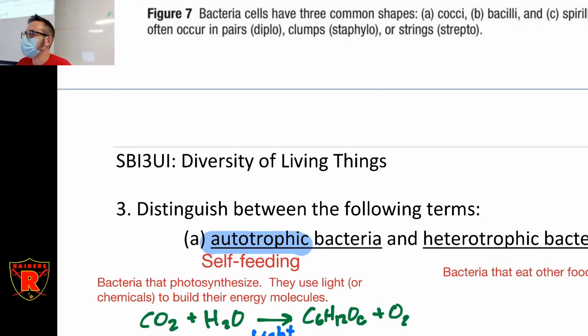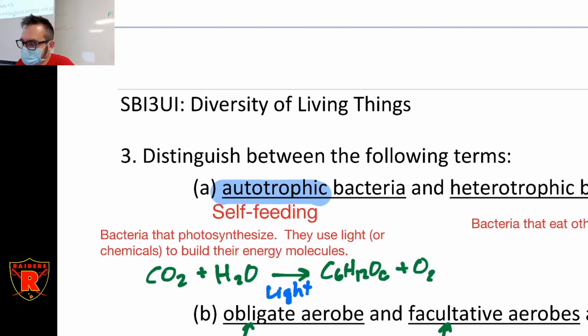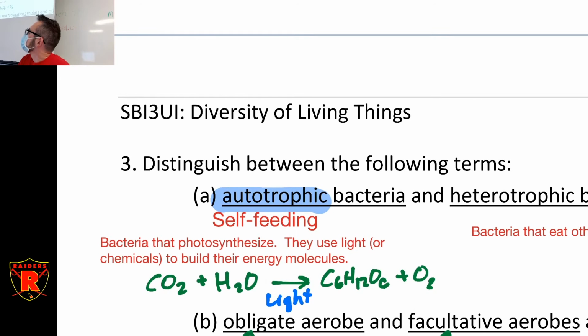Autotrophs are the things at the bottom of the food chain, right? They make their own food. Troph means to eat, and so autotroph just means self-feeding, or self-eating, I guess, technically, but that means the same thing. They usually do photosynthesis. Most autotrophs do photosynthesis.